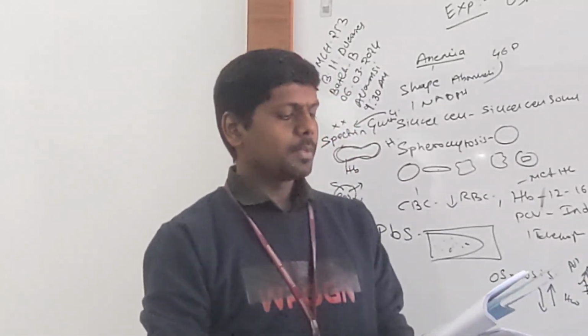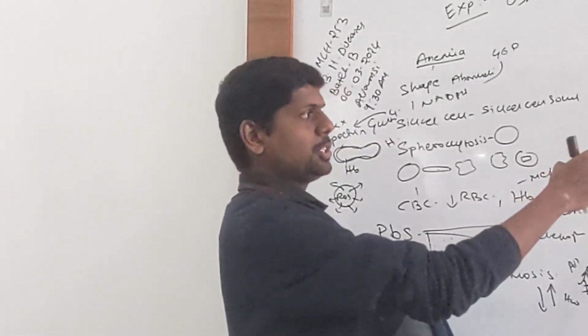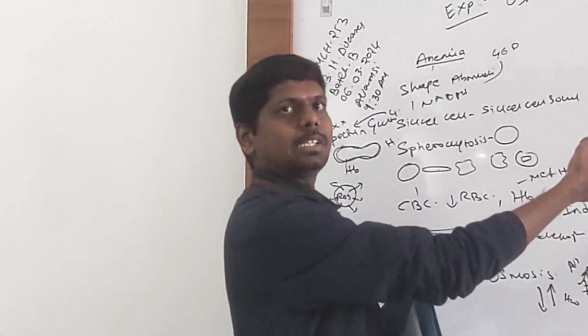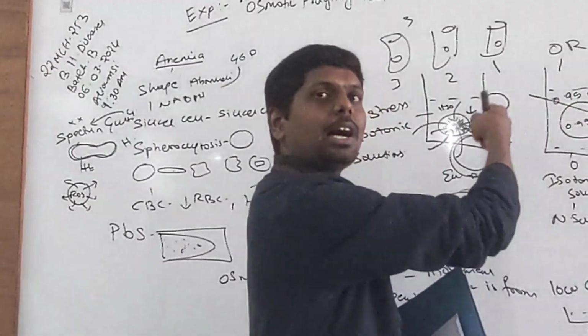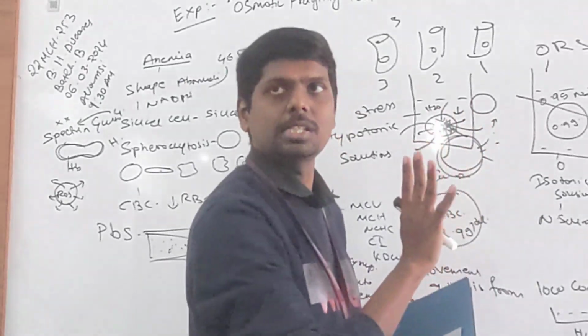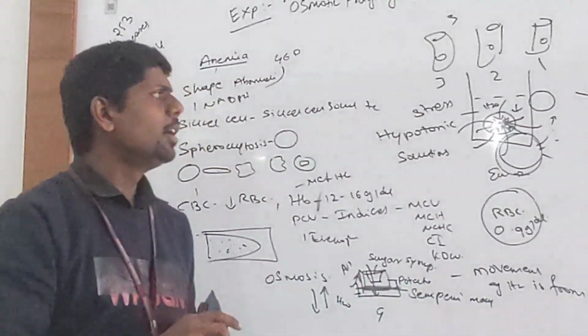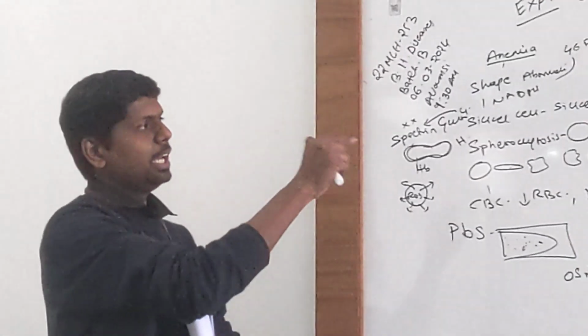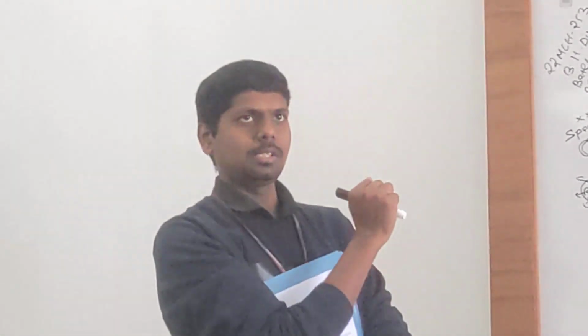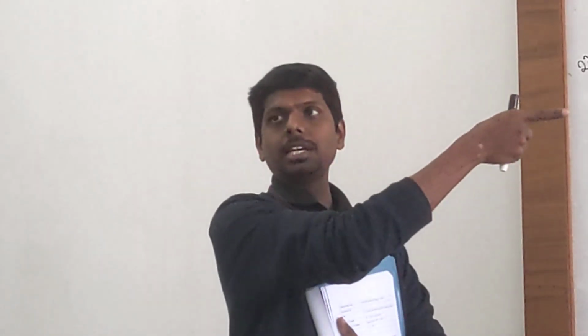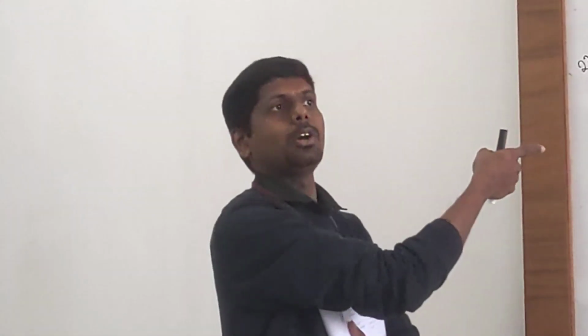The higher the osmotic fragility values, the higher the hemolysis of the red blood cells, right? Then what will be the fragility test value in case of spherocytosis? It will increase, because the shape is already abnormal.